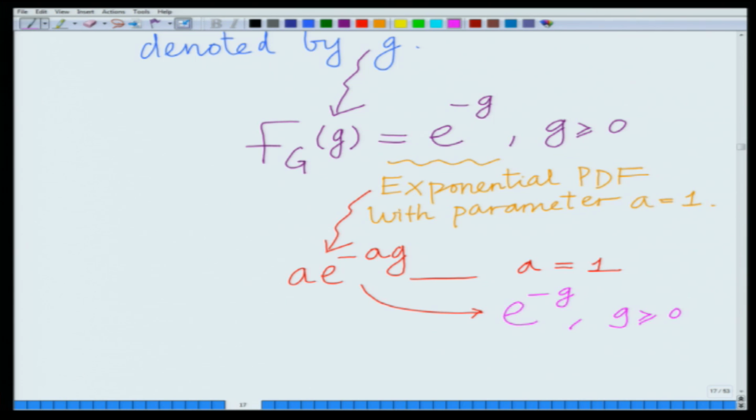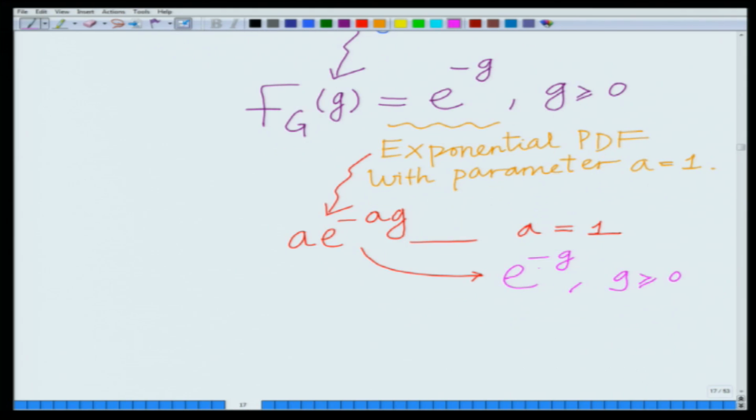So, what we are saying is in a fading wireless channel, the power is distributed as an exponential random variable with the parameter a equal to 1, and this example is about a specific fading wireless channel which is known as the Rayleigh fading wireless channel.